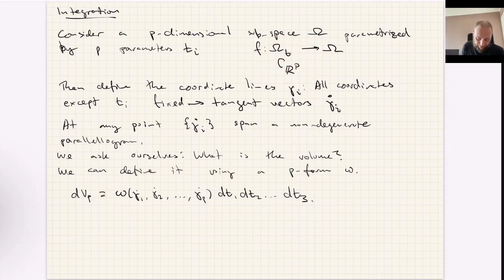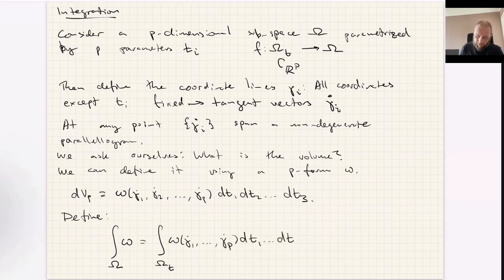So we define the integral of this P form omega over the region capital Omega as the regular multidimensional integral of omega, taking all of these tangent vectors, and then all of the coordinate differentials.